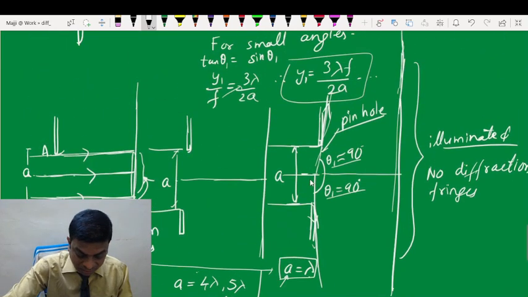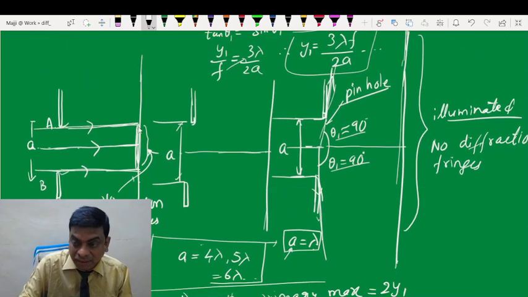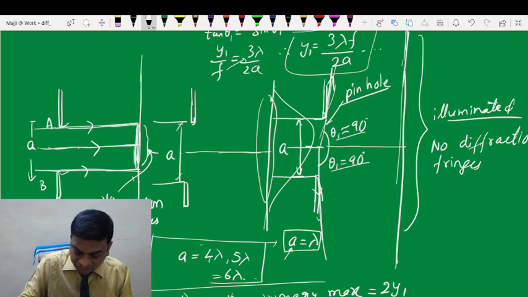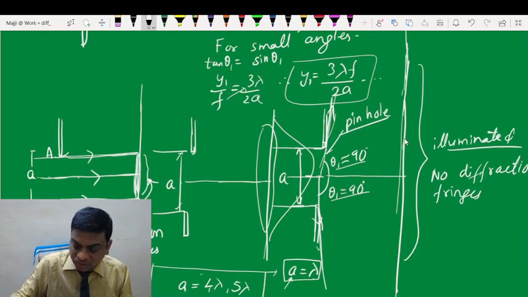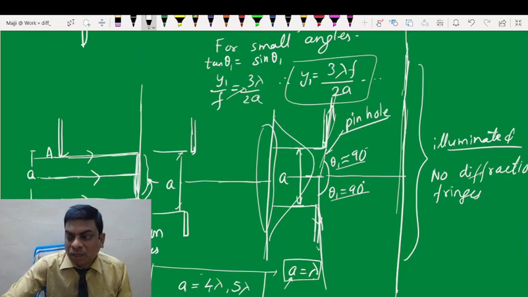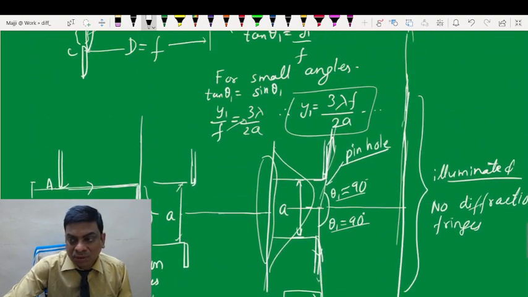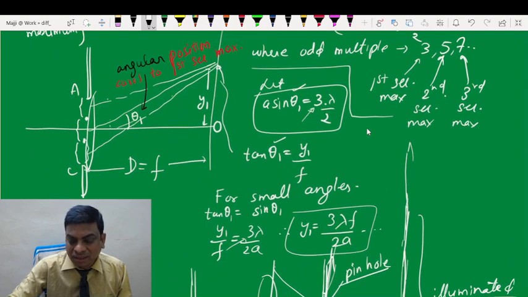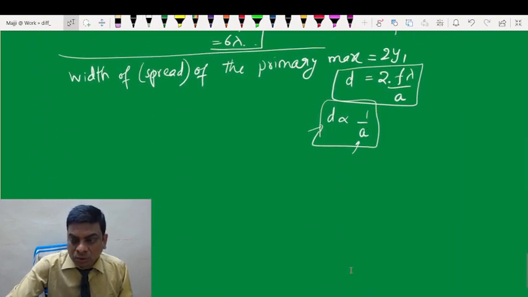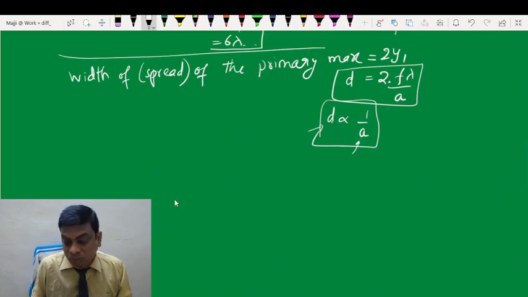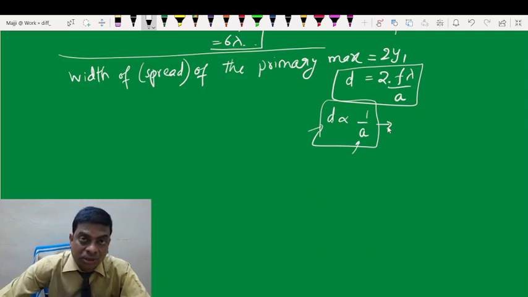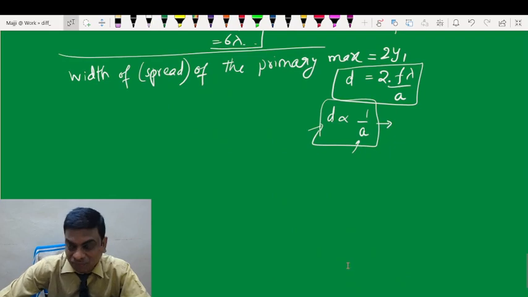Initially the central maximum was here itself, then it spread slightly, and finally in the third case the entire screen was occupied by the central maximum, because the first minimum occurred at infinity. So slit width and the width of the central maximum are inversely proportional to each other. This is a very important concept which they ask in the CBSE board exams, or any board exam for that matter.